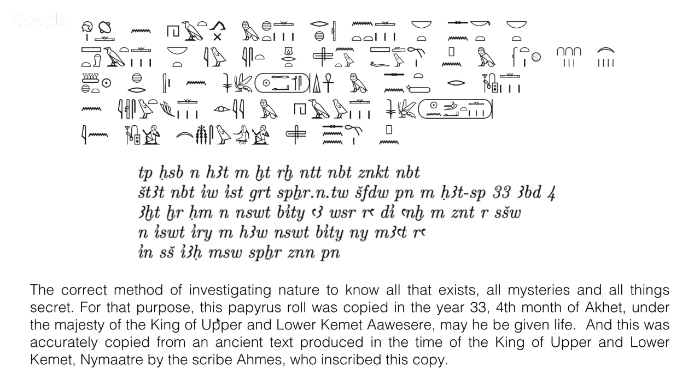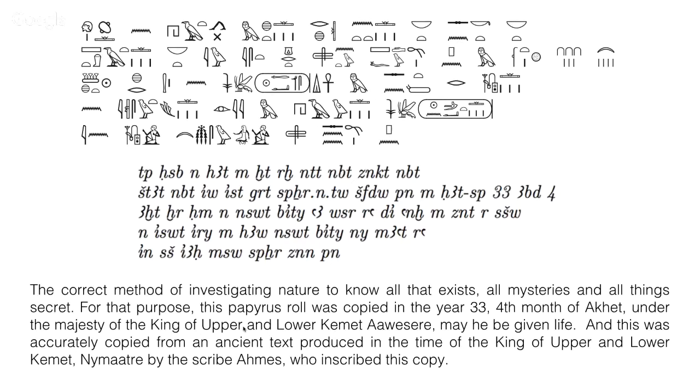For that purpose, this papyrus roll was copied in the year 33, the fourth month of Akhet, under the majesty of the king of Upper and Lower Kemet, Wasir Ra. May he be given life. And this was accurately copied from an ancient text produced in the time of the king of Upper and Lower Kemet, Nima'at Ra, by the scribe Ahmes, who inscribed this copy.